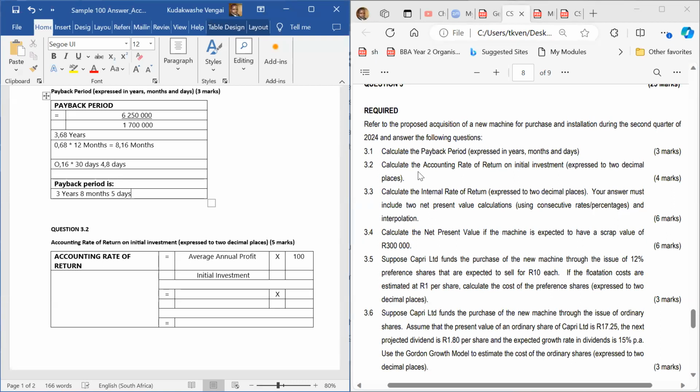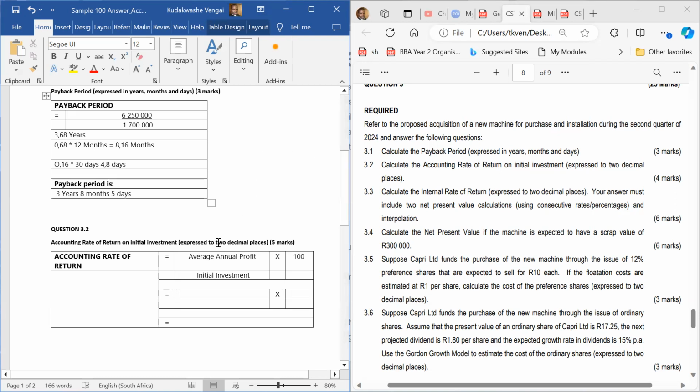It says the average annual profit divided by the initial investment. The only problem is you need to identify what the average annual profit is and what the initial investment is. If you fail to identify these things, then your answer will become incorrect.